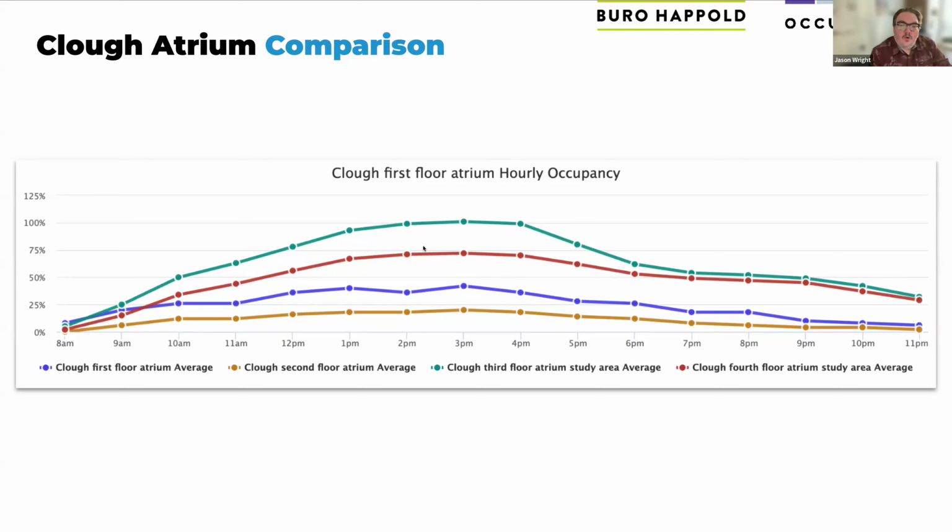Absolutely. What you're looking at here, Clough third floor atrium and fourth floor atrium are both study areas. So really what this graph is showing you is where furniture is most optimized for a lot of people to sit and study. The Clough first floor atrium is a big hallway, and there are humongous lecture halls on one side. Now, we don't measure the occupancy in those lecture halls.